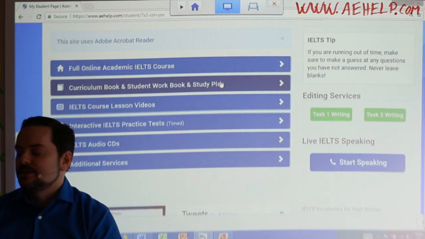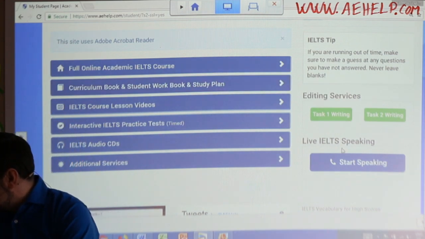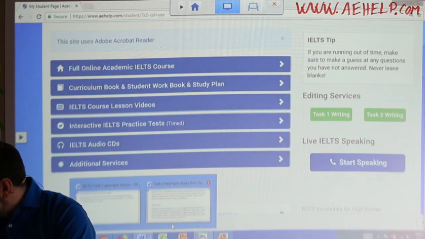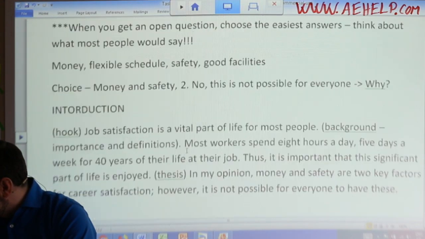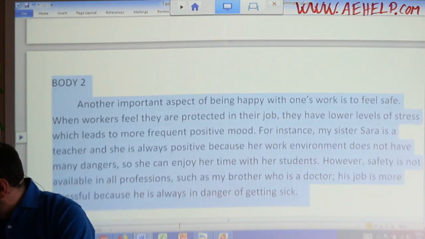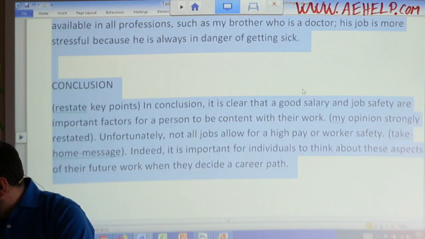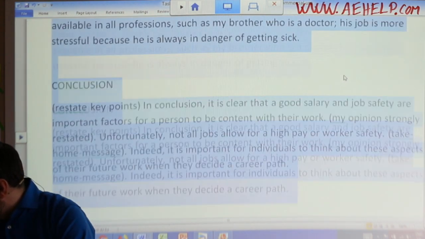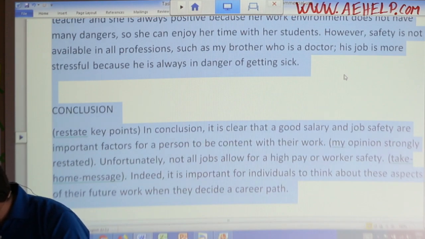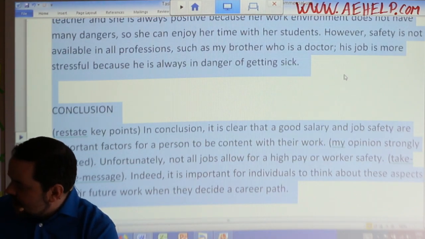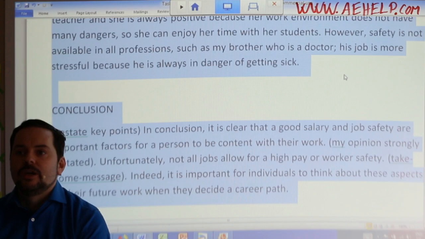Any questions about the lesson today? Some of you are asking me about the word count, so I can show you what the word count is for this. Let's check it out. Okay, now there are a couple of extra words that I included for the instructions, like conclusion and body 1, but this is about 310 words, okay?